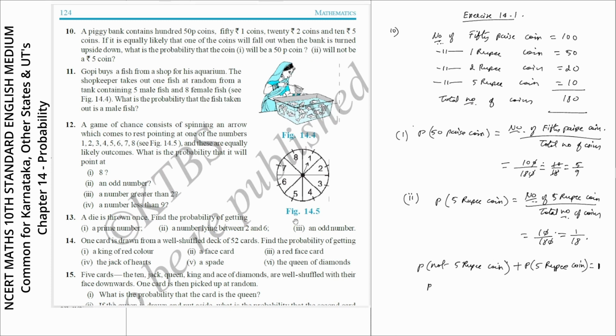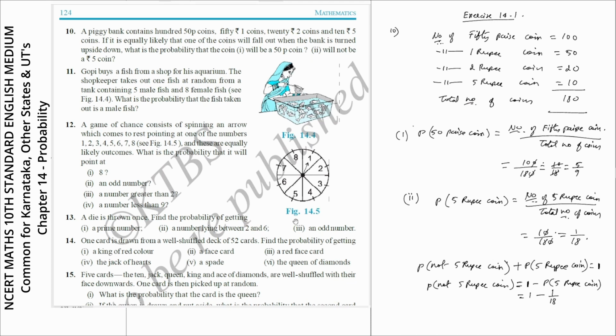Therefore probability that not 5 rupee coin is equal to 1 minus probability of 5 rupee coin. The probability of 5 rupee coin is 1 by 18.